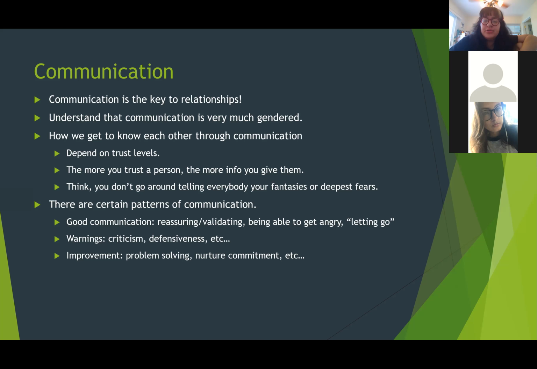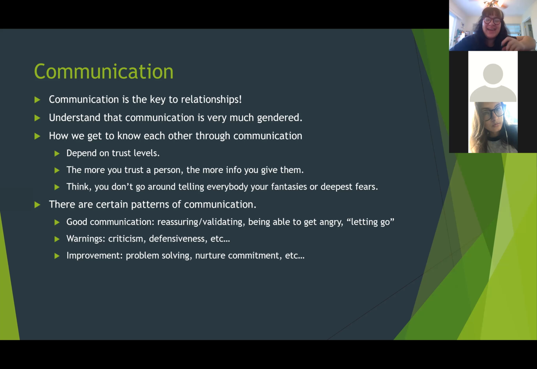How do we get to know each other through communication? You don't go around telling everybody your fantasies or your deepest fears, right? So there's a certain level of trust you need to tell certain information to people. When you first meet a person, you might tell them, oh, this is my name, my age, my major, maybe my astrological sign.